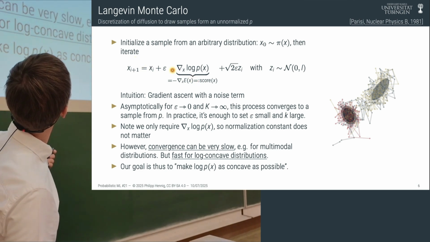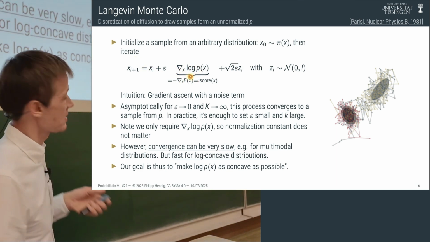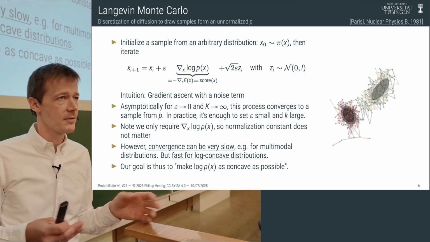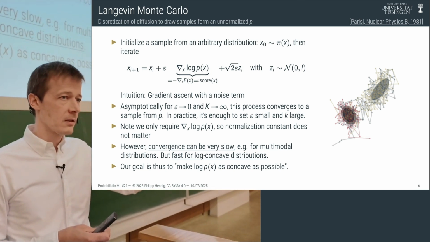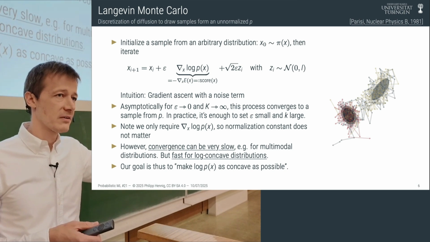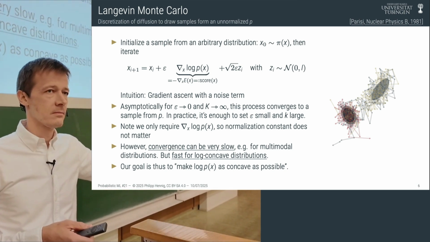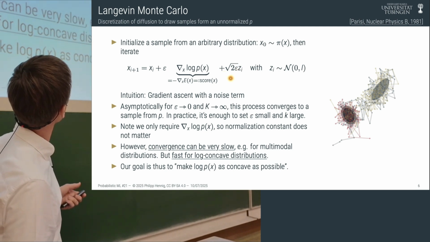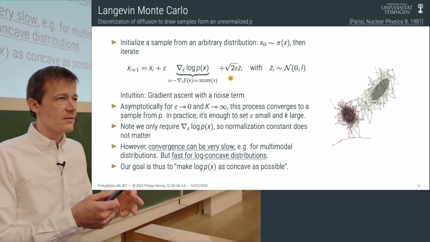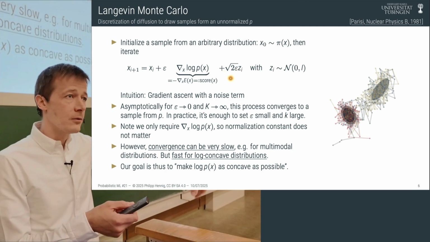But of course, we don't just want to follow this deterministically, because if we do this, then we're building an optimization method rather than a sampling method, right? So it'll just move to a mode and then get stuck there. So to not get stuck in the mode, we have to add some stochastic step, that's this one, such that we will move around the distribution.